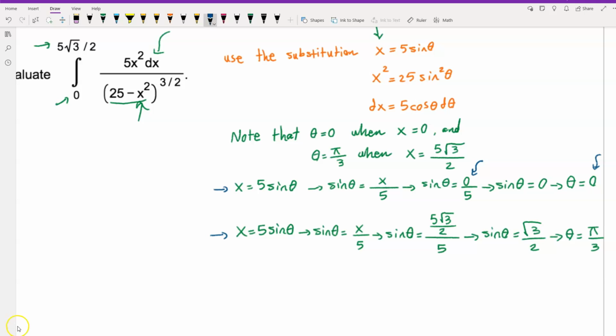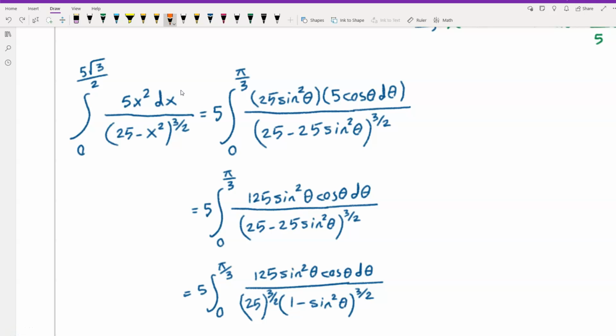So when theta is pi over 3, sine pi over 3 is equal to square root of 3 over 2. So our integral is equal to 5 times the integral from 0 to pi over 3 for theta, and in the numerator we have x squared, which is 25 sine squared, times dx, which is 5 cosine d theta. In the denominator we have 25 minus x squared, which is 25 minus 25 sine squared, and our power is 3 over 2.